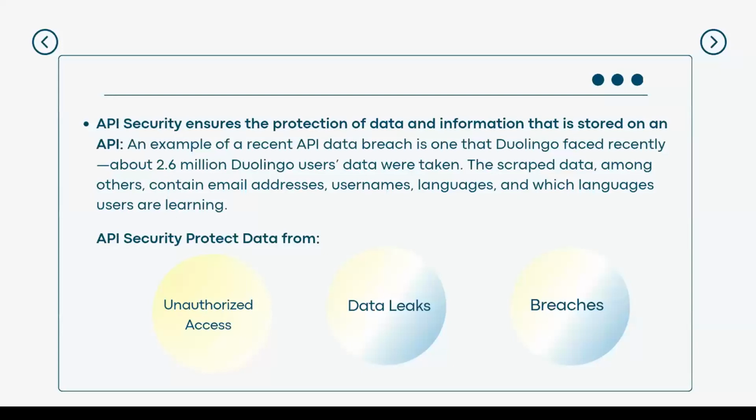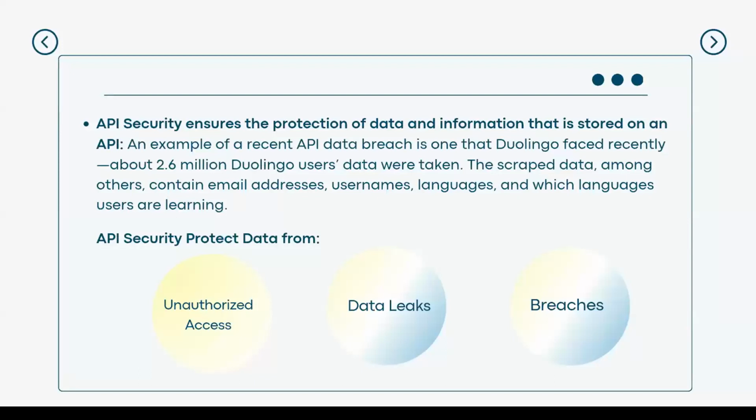If their API was secured, the attacker wouldn't have had access to that API to steal about 2 point something million users' data. And 2 point something million is a lot if you think of it.